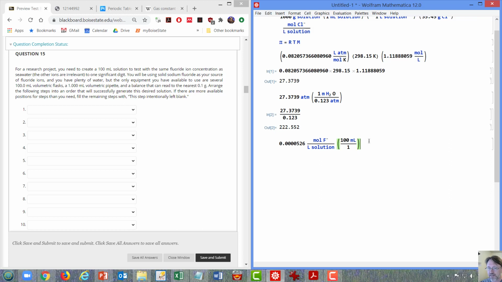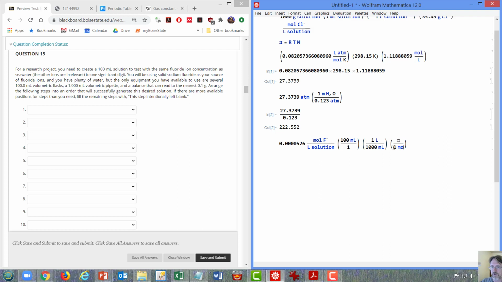So the milliliters we need to cancel with the liters. Remember, multiply a concentration by a volume to find the number of moles. Okay, so but we need to have the liters cancel. So 1,000 milliliters is 1 liter. So milliliters cancel, liters cancel, and we now have moles of fluoride. But we don't want fluoride here.